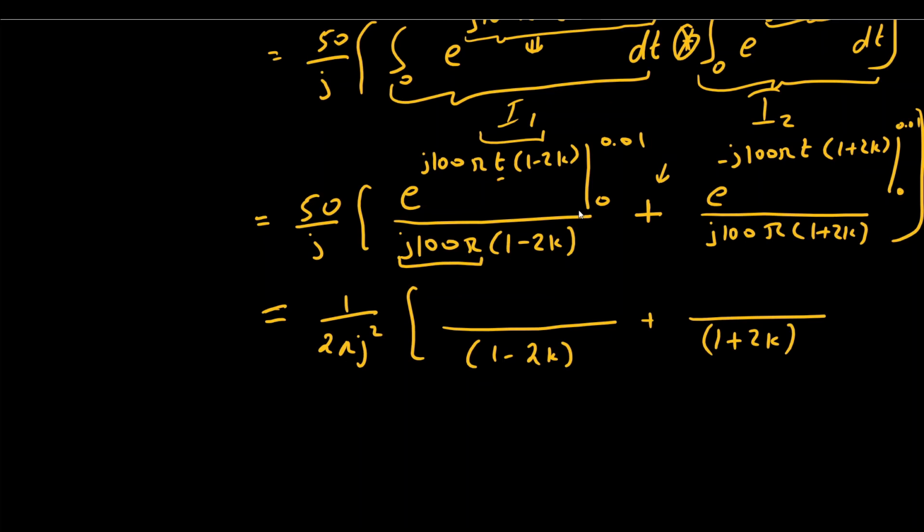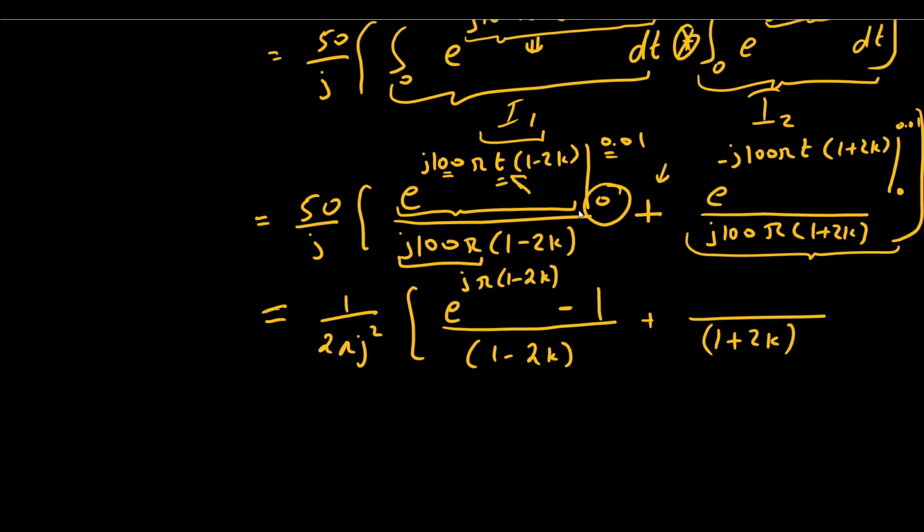Now if you set t equal to 0.01, we would be left with simply e^(j pi), so this would cancel with 100, so you would have e^(j pi (1 minus 2k)), and if you set t equal to 0, all of this would become 1 because t would become 0. Right? So e raised to power 0 is 1, so we would have a minus 1 here.